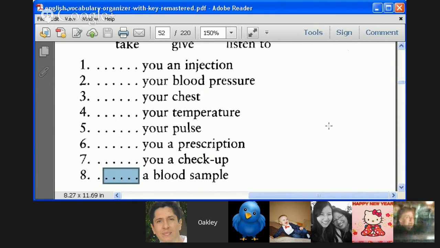The nurse takes the blood sample, and you give it. This is one where it actually is take and give. We don't really say I gave my pulse or my temperature or my blood pressure. But blood is something we can physically see with our eyes, so this is the one where we say, I gave a blood sample.